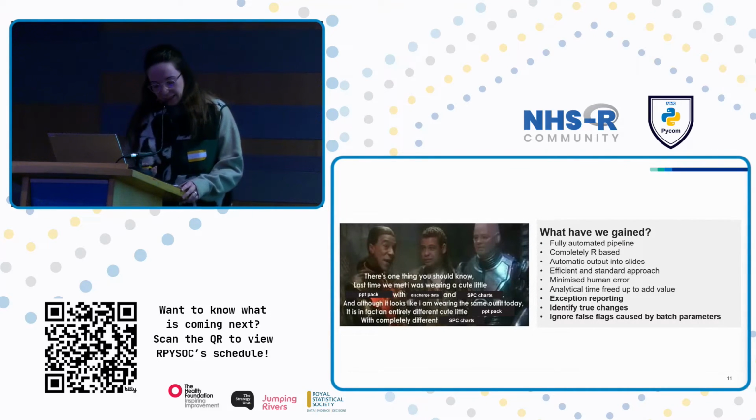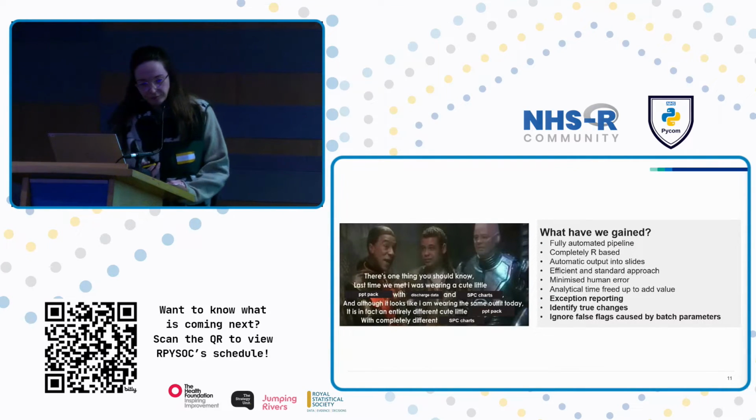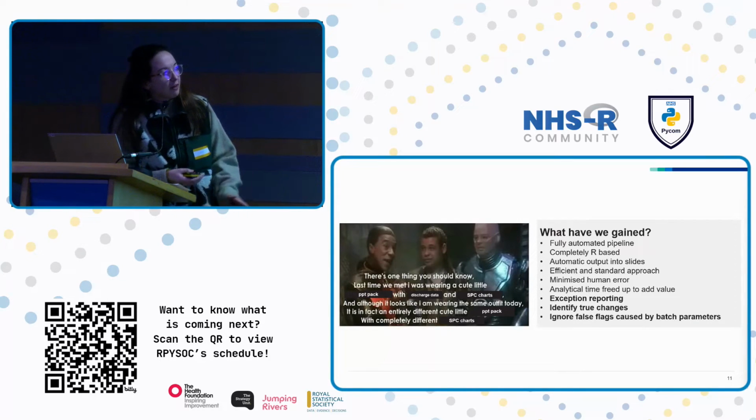Cool. So what have we gained from the two parts of our process? From the first part, we've now got a fully automated pipeline. It's completely based in R. We're outputting to slides, and we've got less error and an efficient approach. And we freed up that time to use on exception reporting.